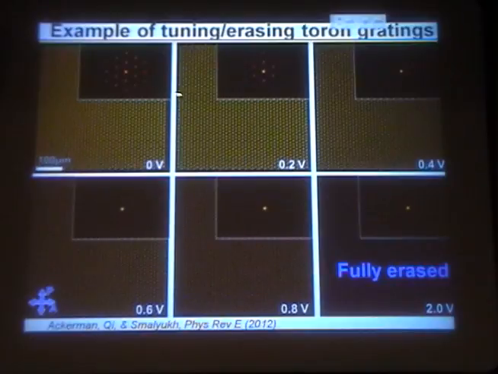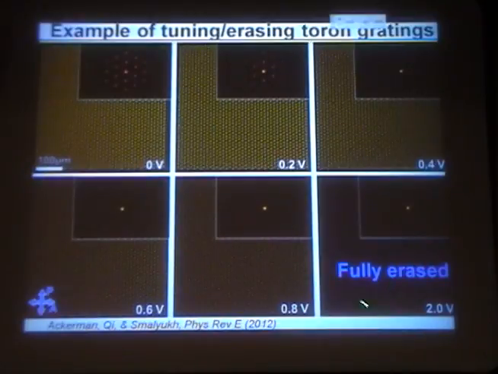A hexagonal periodic lattice, and we are applying voltages which are depicted in the bottom corners of those images. You can see that the contrast changes, and those are just regular polarized optical microscopy images. The size of those Torons changes a little bit too, until we fully erase them at 2 volts or so, right?